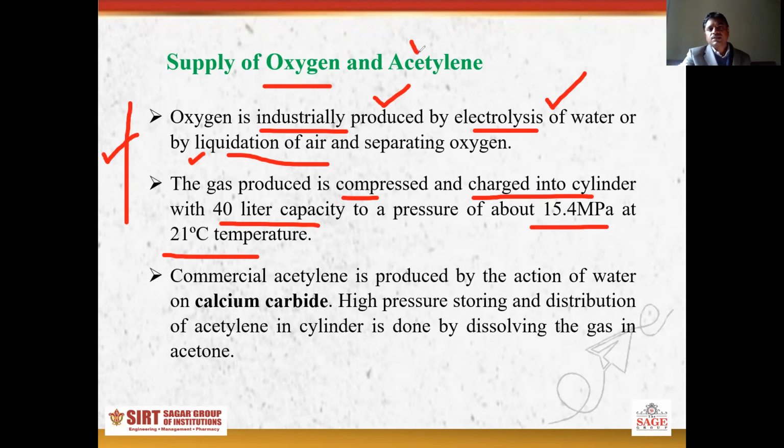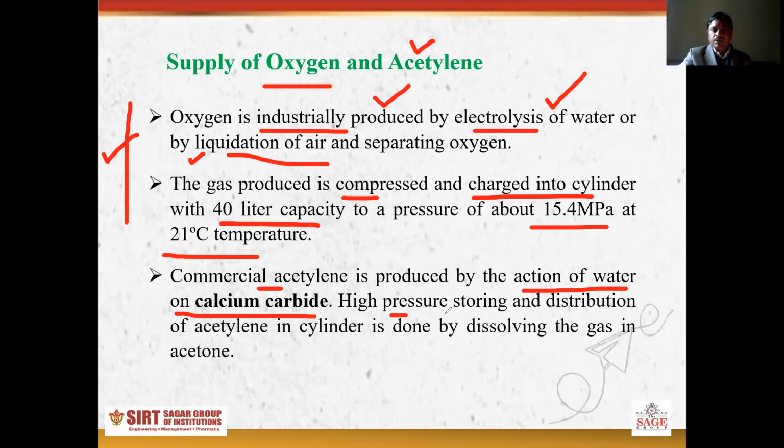Second one is acetylene gas. Acetylene gas is generally produced by the action of water with calcium carbide. That means when you add water to calcium carbide, it produces acetylene gas. So the commercial production of acetylene gas is by the action of water on calcium carbide.